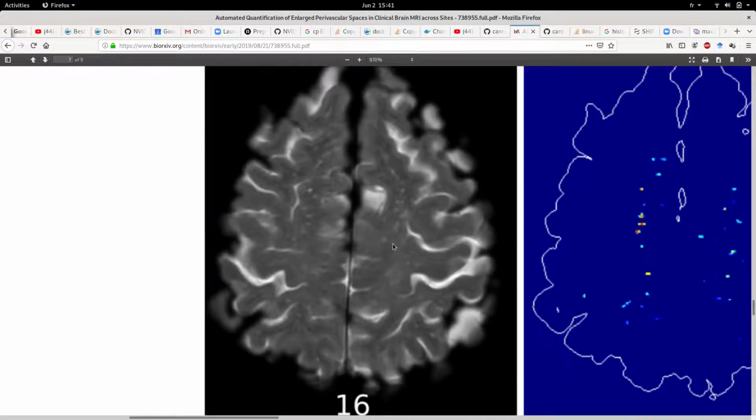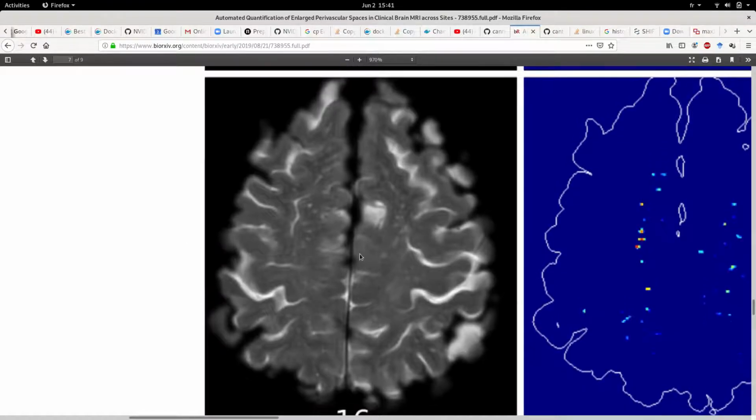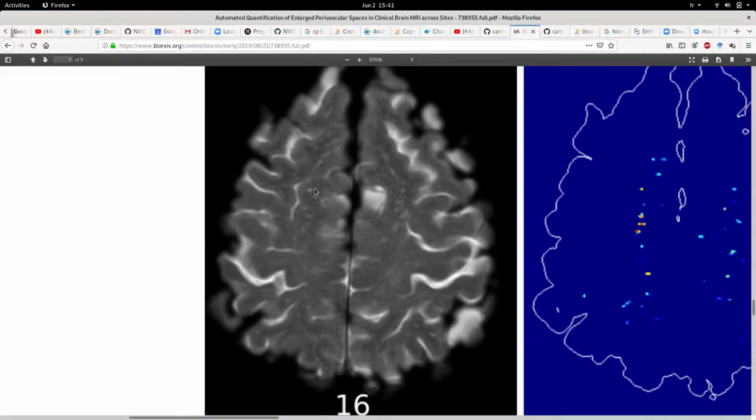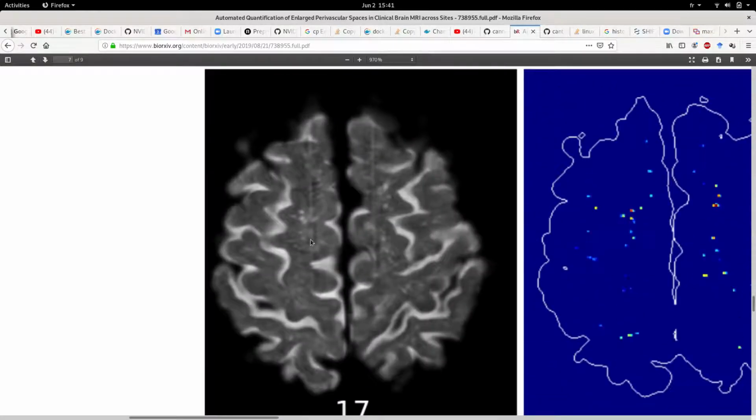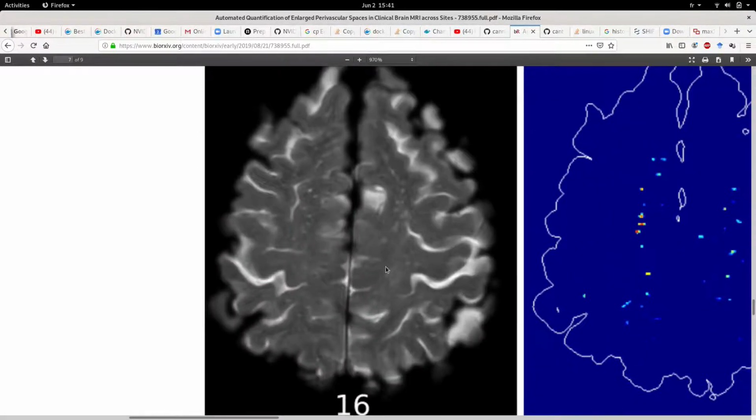And now I have this one, and I do the same thing. So I have 1, 2, 3, 4. This is a bit more tricky because here you really see some larger ones and some smaller ones. But here you see some that are more isolated. So maybe 1, here you say 2 halves, so 1, 2, 3, 4, 5, 6, 7.